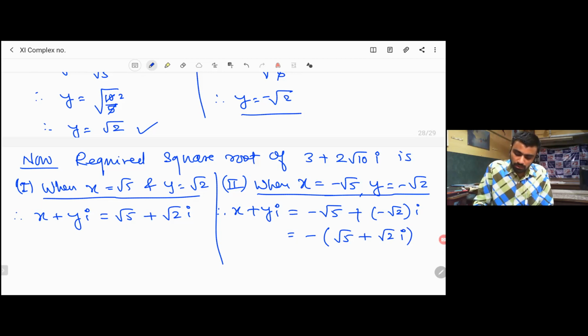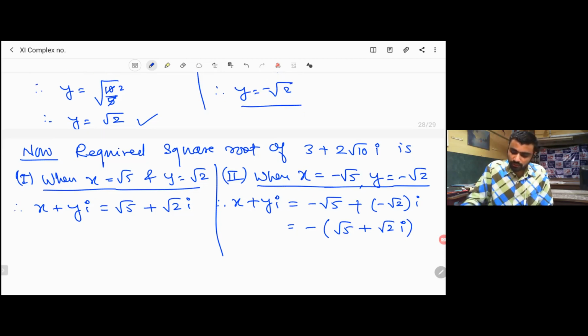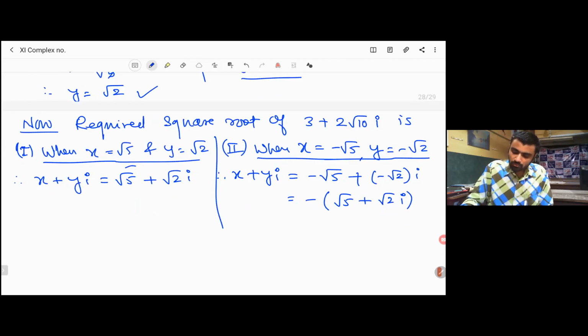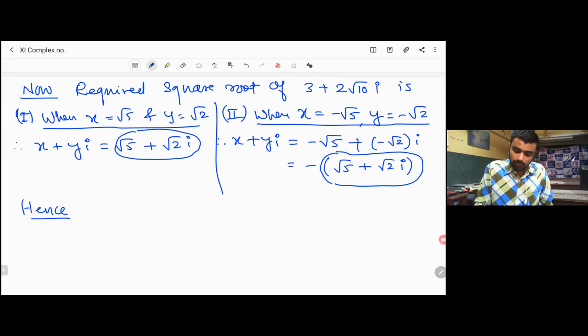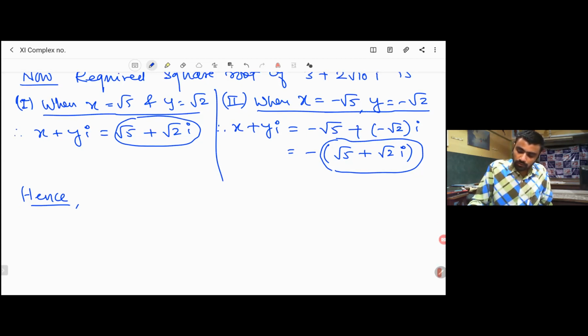And now you can notice this √5 plus √2i पॉजिटिव है और ये √5 plus √2i नेगेटिव है. तो मैं कंबाइन कर सकता हूँ दोनों आंसर्स को, and hence I can write a common answer. Hence required square root of 3 plus 2 root 10i is plus or minus (root 5 plus root 2i). खत्म हो गई बात.